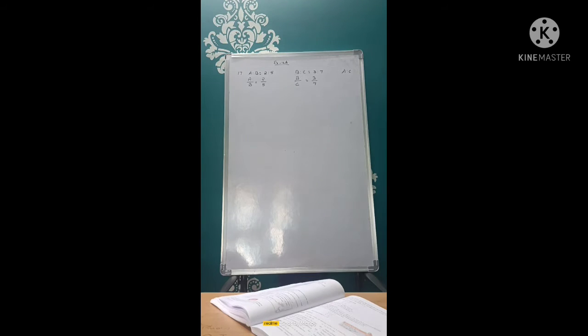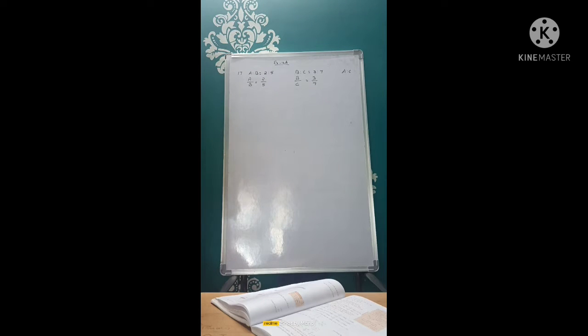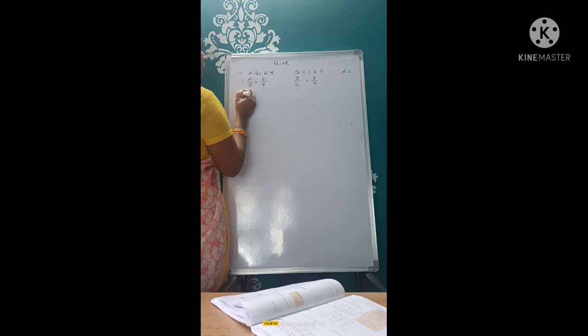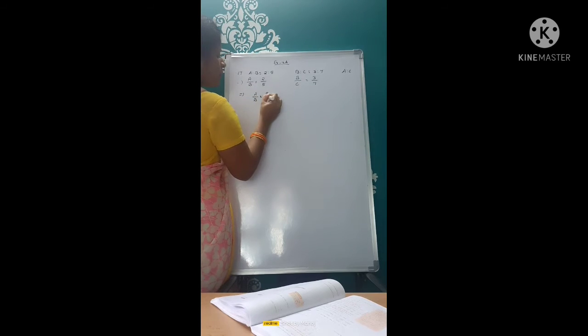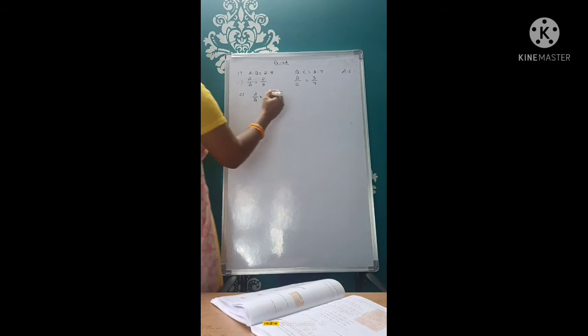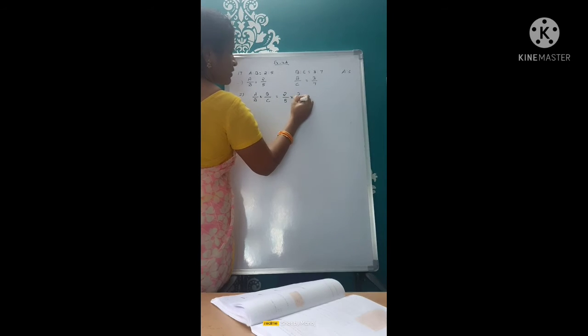Here you just multiply the B part. Okay, A by B. So these fractions you should multiply. A by B into B by C. Then only B will cancel. So equals 2 by 5 into 3 by 7.